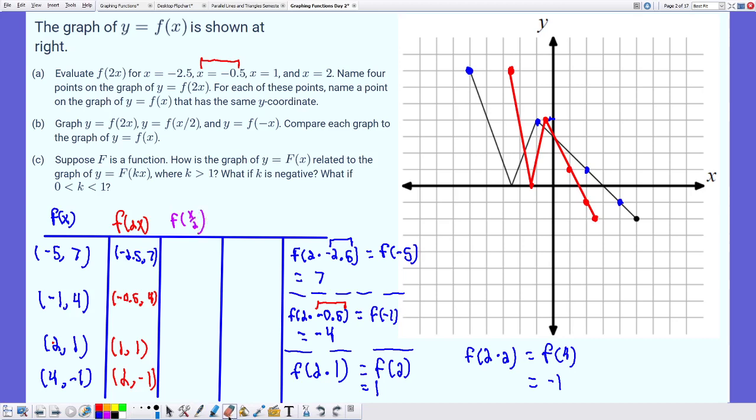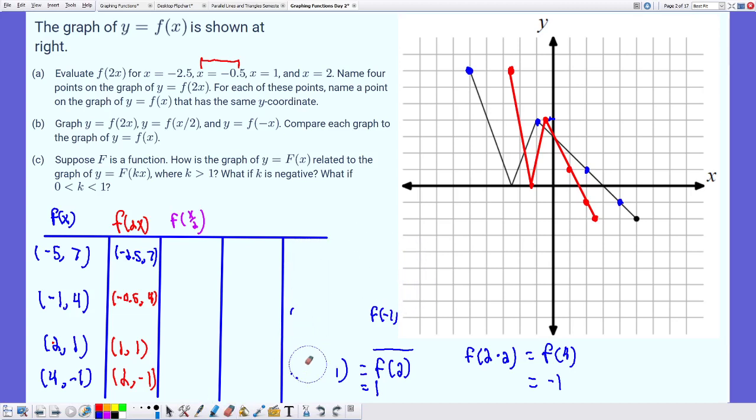Now, if multiplying by 2 caused it to shrink in value by half, I wonder what the x over 2 will do. Probably double it, if I were to suspect. So let's try some different values.